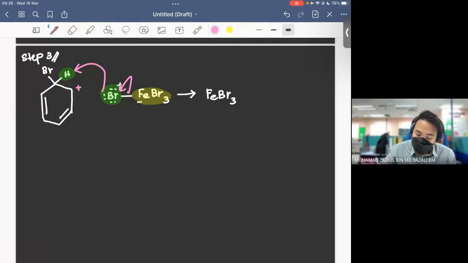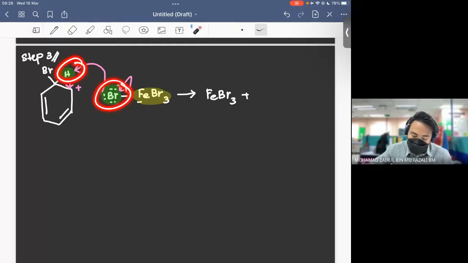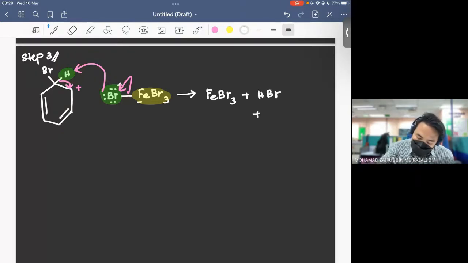So macam mana dia nak break away from the benzene? Dia donate 2 elektron dekat sini. So tadi bromine ini bonded dengan hidrogen, dia hasilkan HBr. So yang ini asal adalah 2 elektron. Dia dah dapat lagi 2 elektron, so dia jadi double bond.